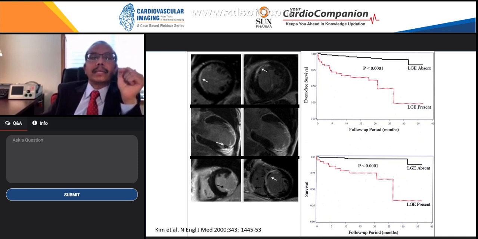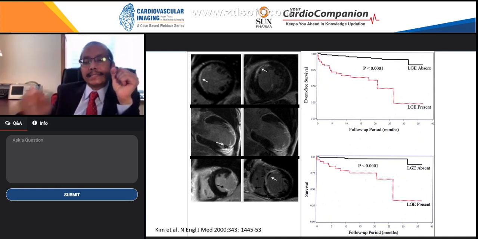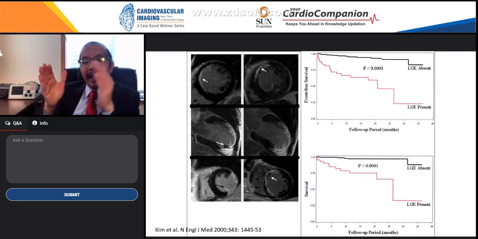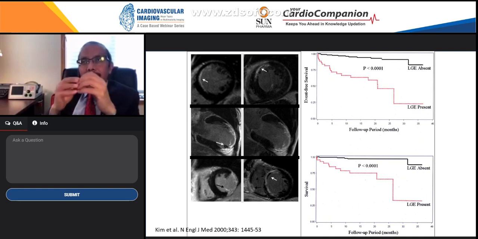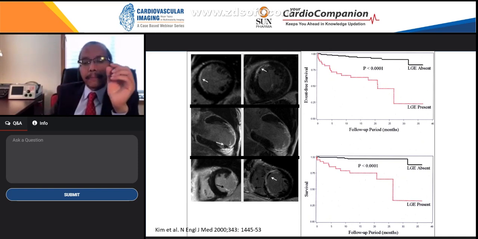If you look at the second row of the MRI images on the right side, you can see the apex is all white, suggesting that more than 80-90% of the anterior wall is dead. Whereas on the top, maybe only 50% or less is dead. So the cutoff has been once you get scar tissue which is more than 50% of the thickness of that wall, that myocardium is not coming back. So that is the take-home message from MRI.